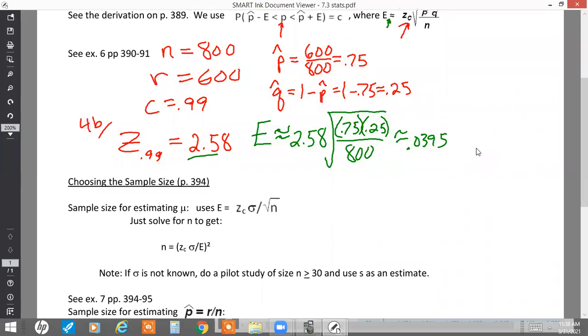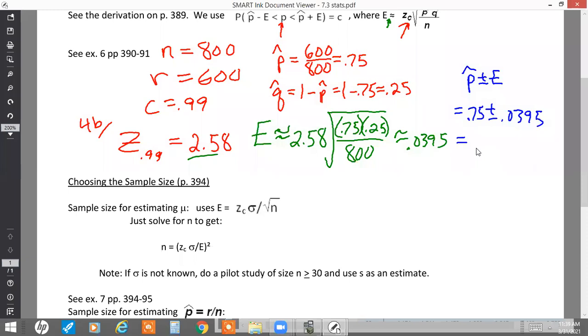All right. So now we're ready to find our interval. So P hat plus and minus the error is going to be, what was P hat? 0.75 plus and minus the 0.0395.